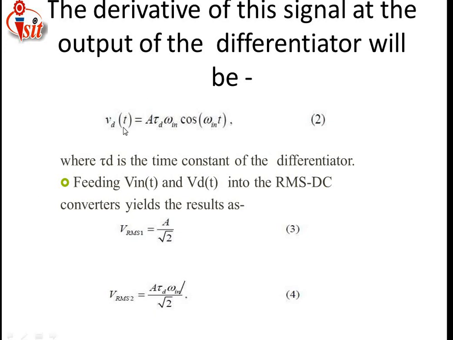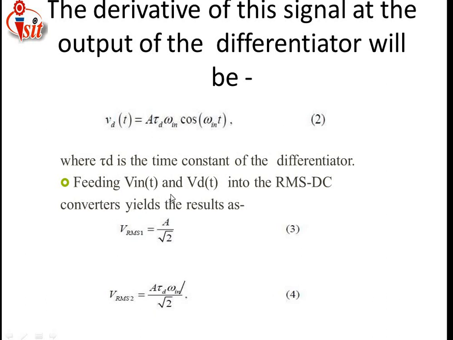Just see here, Vd, the output differentiator voltage, is equal to A tau d omega n cos omega n t. Here there is a 90 degree phase shift of the sine wave into a cosine wave along with the angular frequency omega n, and Vd(t) is the differentiator output voltage, where tau d is the time constant of the differentiator.